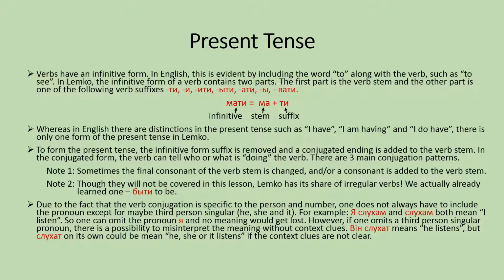However, if one omits a third person singular pronoun, there is a possibility to misinterpret the meaning without context clues. Vin sluchat means he listens, but sluchat on its own could mean he, she, or it listens, if the context clues are not clear.